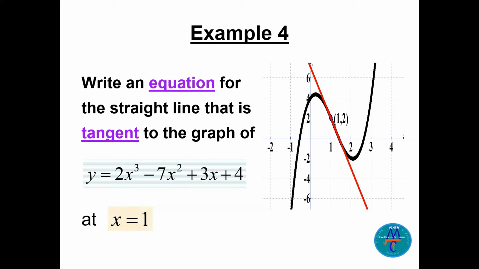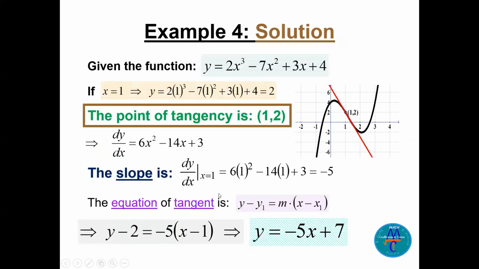Now let's write an equation for the straight line that's tangent to the graph at x equals 1. If I put x equals 1, it will be 2 minus 7 plus 3 plus 4, so it will be 2. The point is (1, 2). So we need the equation of this tangent line. Remember, we have seen that. We need the derivative.